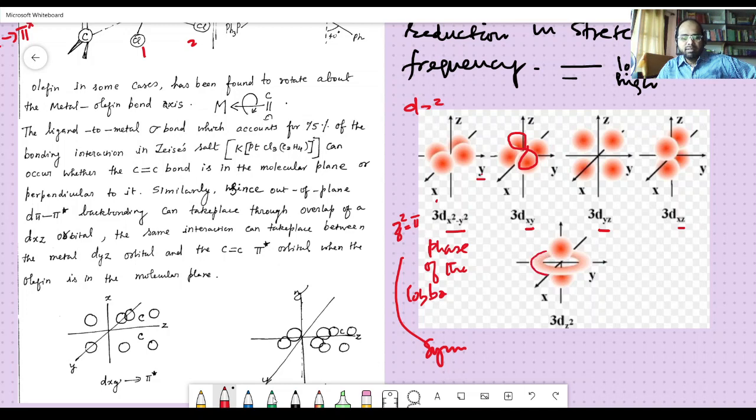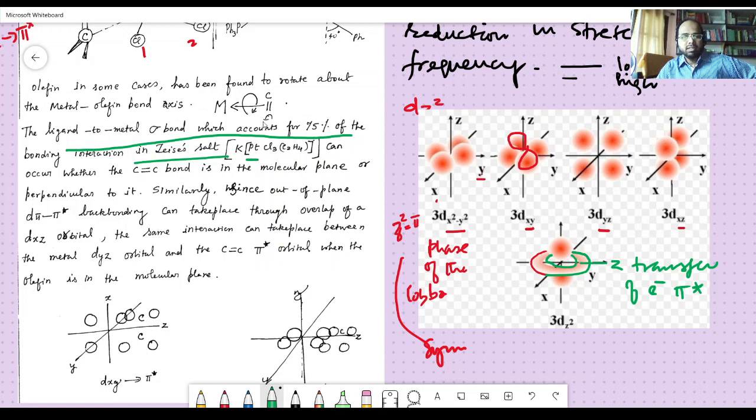It is a very good shape that you have to imagine. It is in a particular plane, where the transfer of electrons to the pi star is very easy because they have the same symmetry. So this is the ligand to metal sigma bond, which accounts for 75% of bonding in Zeise's salt.